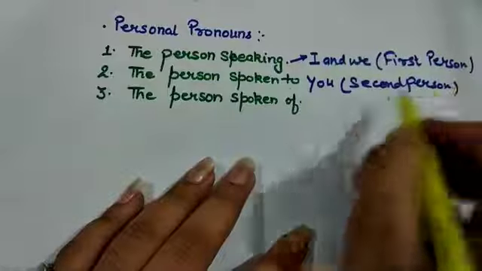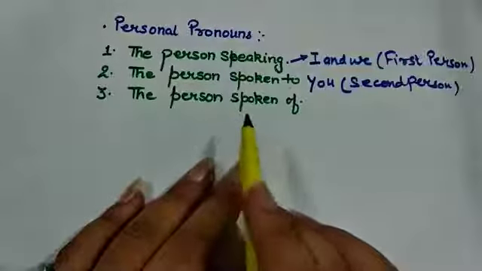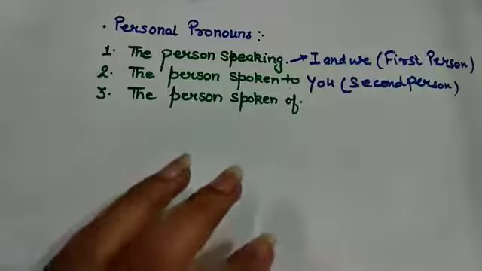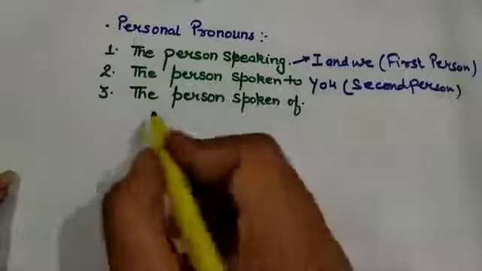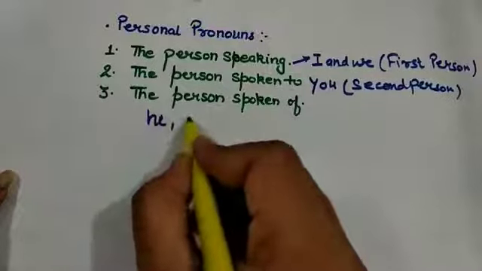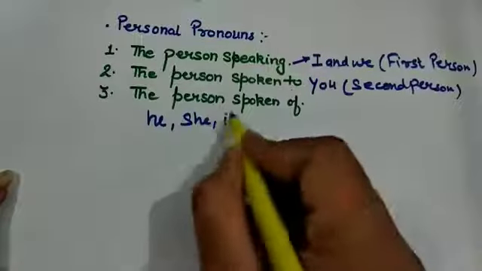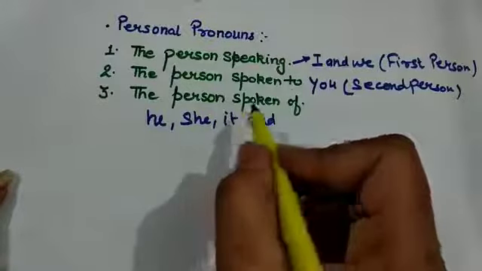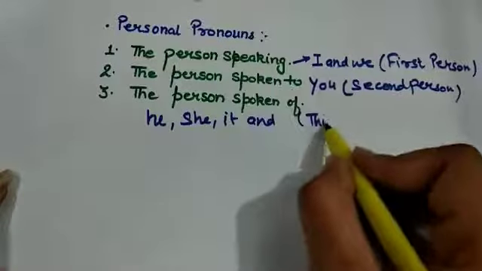Okay, and the third one is the person spoken of, like about whom I am talking. And we use the pronouns he, she, it, and they for such a person, and they are called third person.